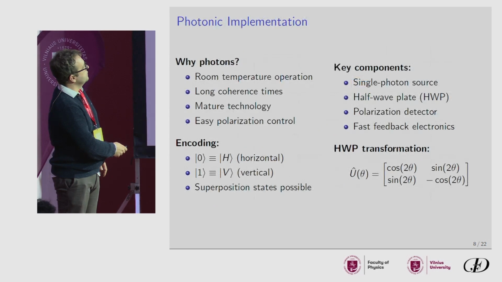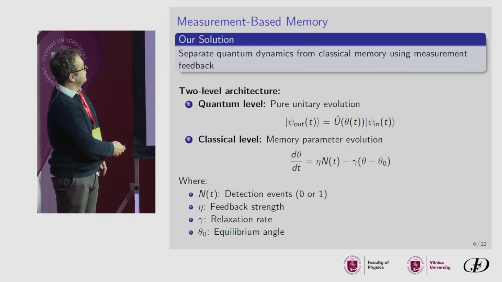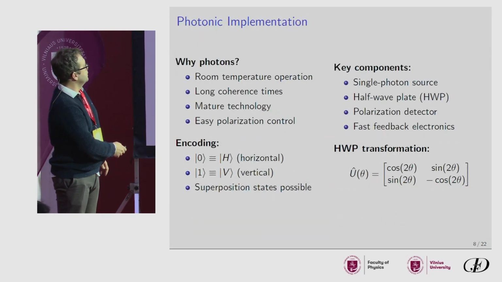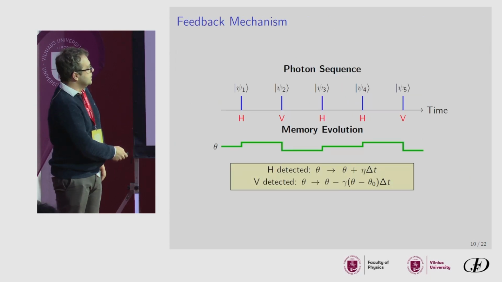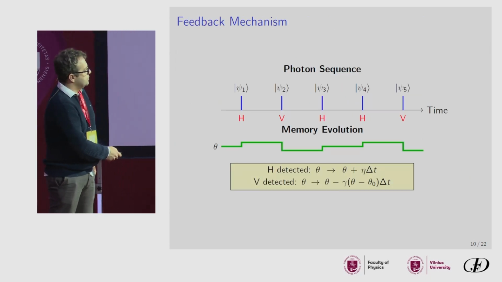I will go back a bit. Okay, here. What you can do with one photon is have this form of update to your theta and this form of update, but you have nowhere to store this information about the current theta.